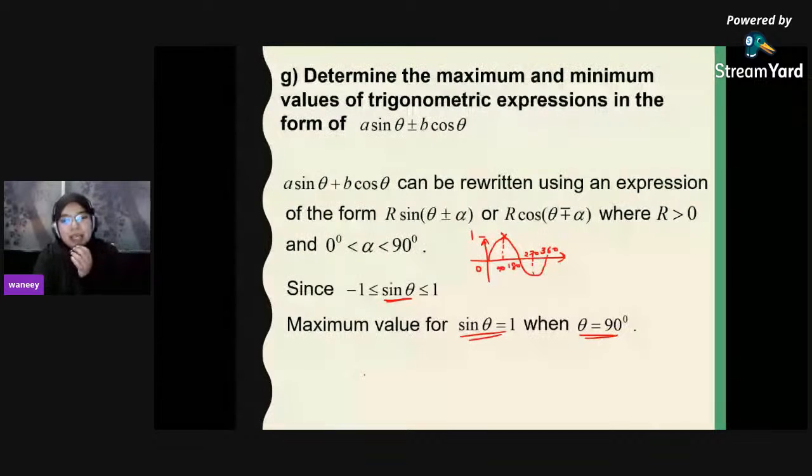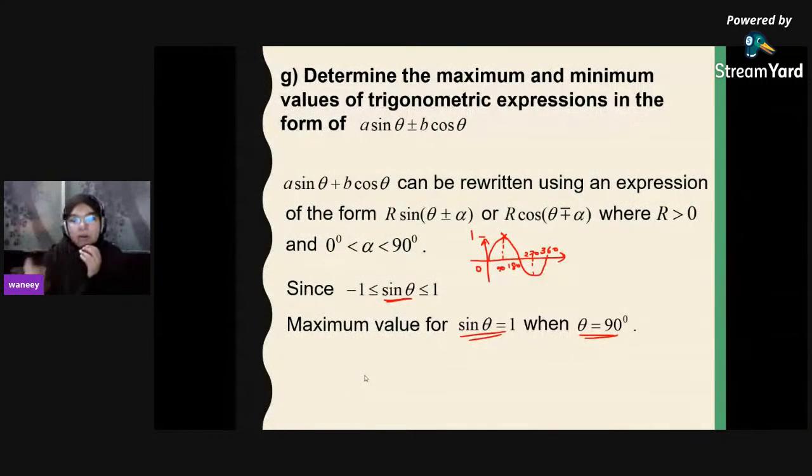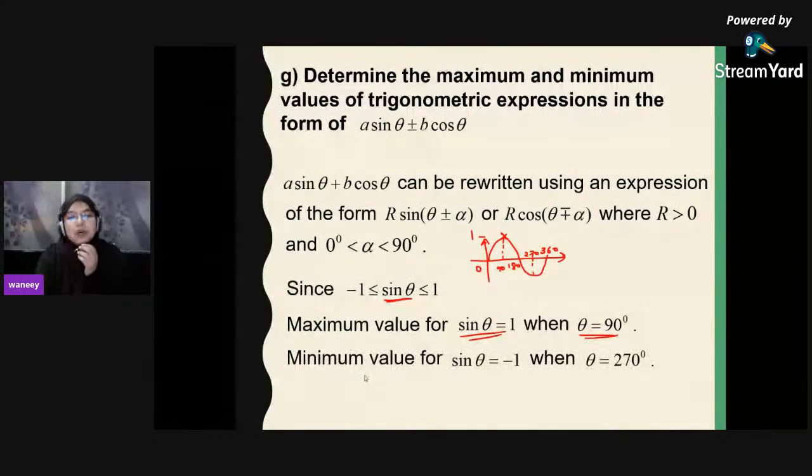And we're going to get the minimum value or the lowest value when sine theta is equal to -1. Or you can easily see that we're going to get -1 when the theta is 270. So sine theta equal to 1, theta is 90. Sine theta equal to -1 when theta is 270. But that is for sine. So let us test for the cos.